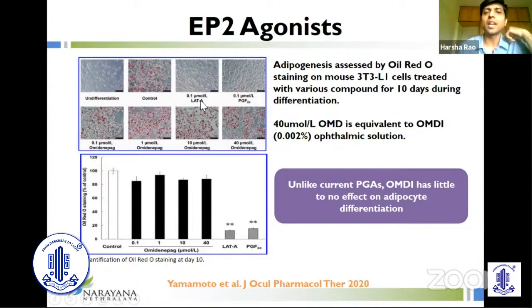When treated with latanoprost or prostaglandin F2 alpha, they don't mature into adipocytes, while those treated with omidenepag, which is the EP2 agonist, showed good uptake of Oil Red O staining, which essentially tells that EP2 agonists have no effect on the differentiation of adipocytes.